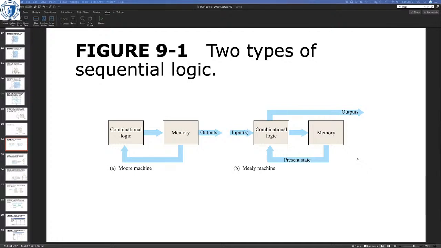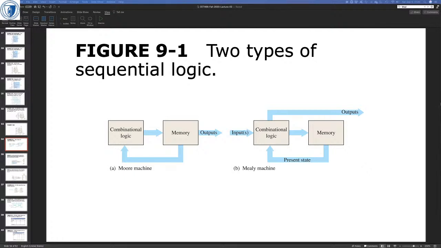Those two pieces are the same in both. The combinational logic feeds into the memory, just like we just did with that J2 K2. The memory is the Q2, Q1, Q0, feeding into combinational logic, which are those single AND gates that we got, and then those single AND gates in the combinational logic feed into the memory, which is the flip-flop.